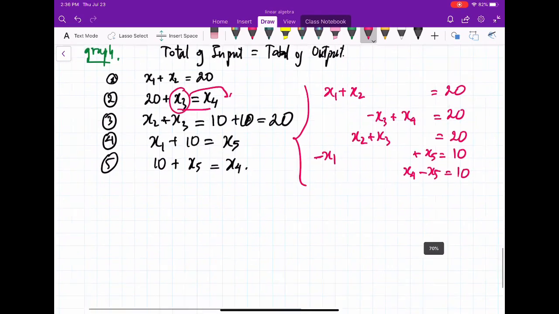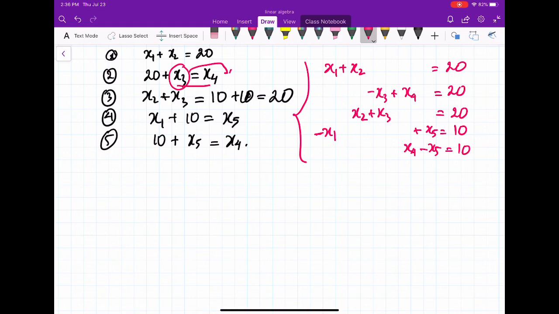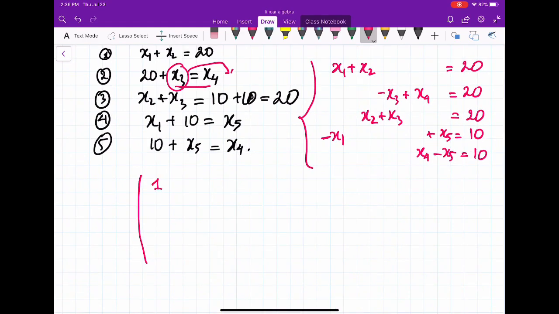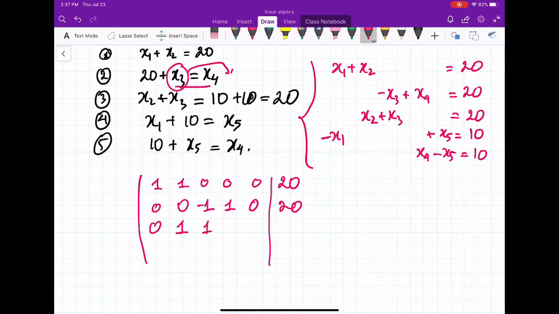Okay, now we can write the matrix form of this. So I have 1, 1, 0, 0, 0, and here I have 20. Next one I have 0, 0, negative 1, 1, 0. I have 20. Second one I have 0, 1, 1, 0, 0. Again 20.